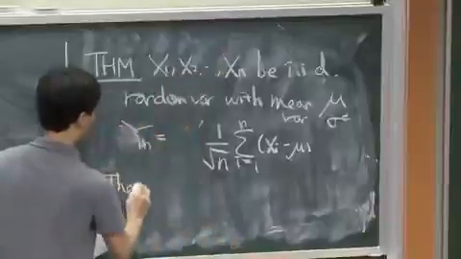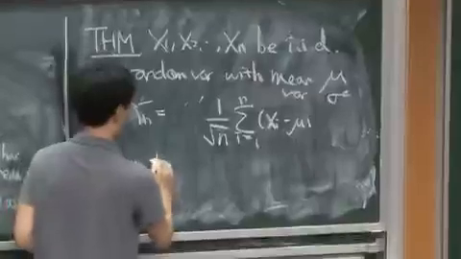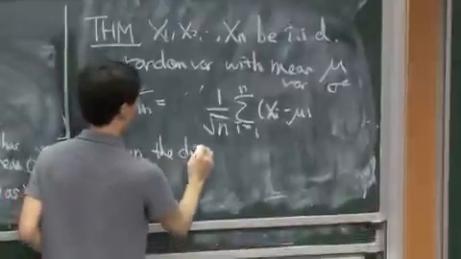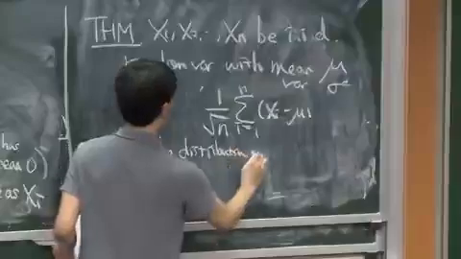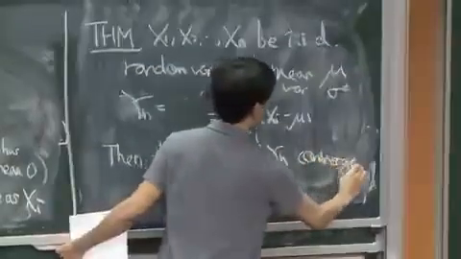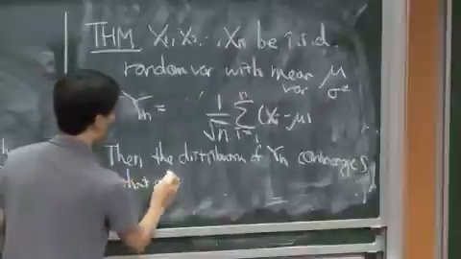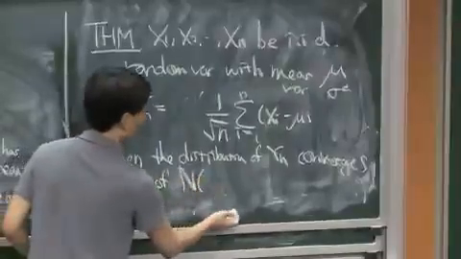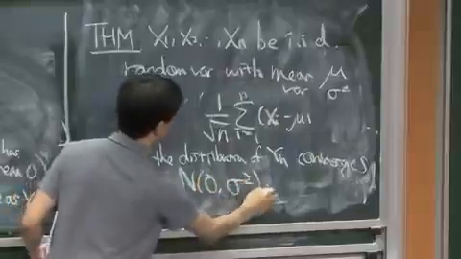Then the distribution of yn converges to that of a normal distribution with mean 0 and variance sigma square.